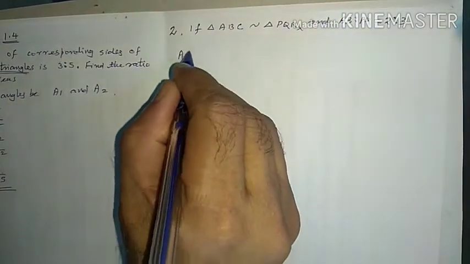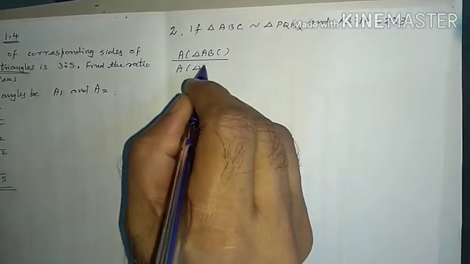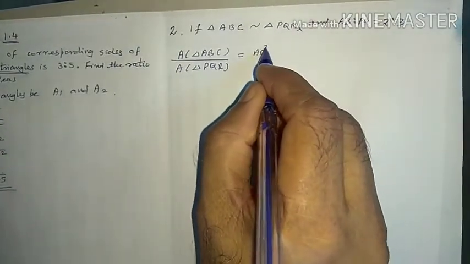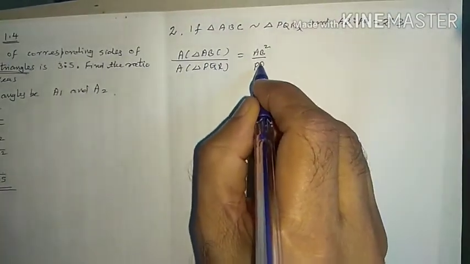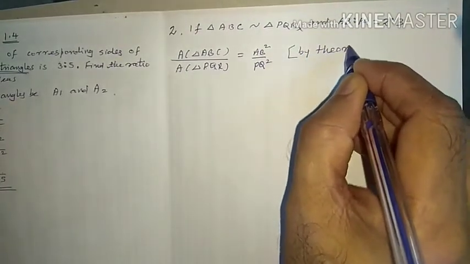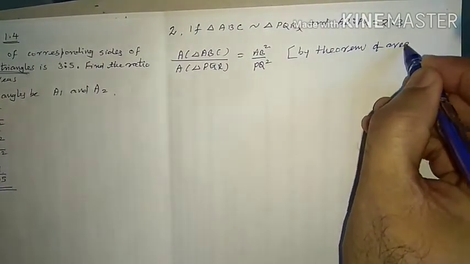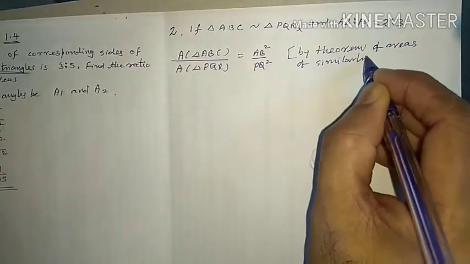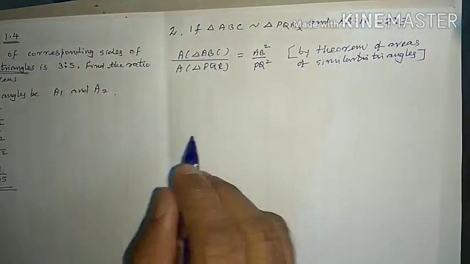We know area of triangle ABC upon area of triangle PQR is equal to AB square upon PQ square. What is the reason? By theorem. Which theorem? Theorem of areas of similar triangles. That theorem we are using.